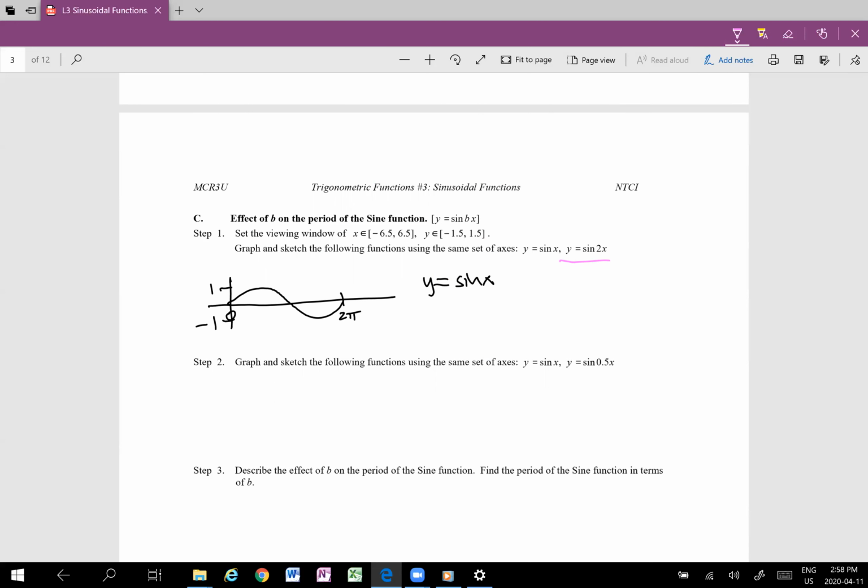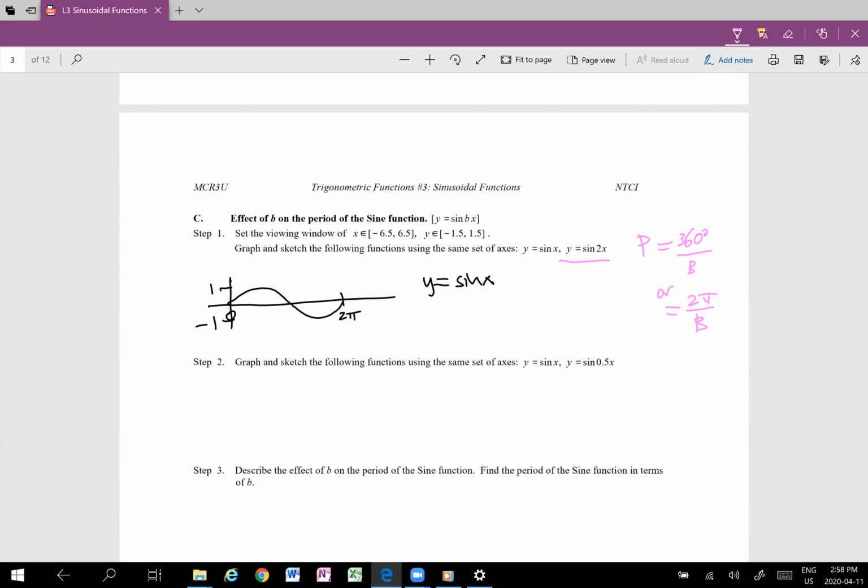So what's going to happen to the period? Well, from the previous video, a lot of you realize there's a relationship between the b and the period. Well, the converse is the same. The period is also related to 360 degrees divided by that b value, or, since we're using radians, 2 pi divided by that b value.